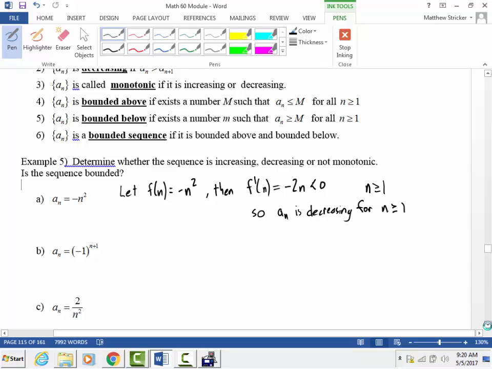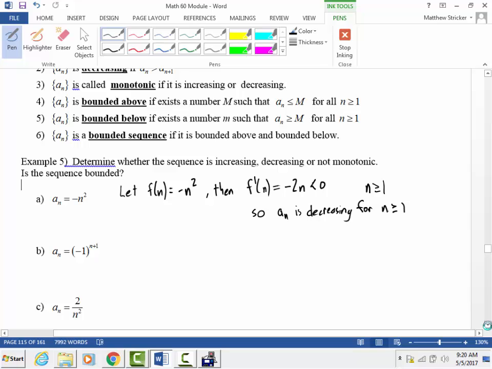What about this one? Negative 1 to the n plus 1. We already talked about that one. Is it increasing or decreasing? That was the one that was hopping back and forth. We already verbally talked about it, right? This is negative 1 to 1, negative 1 to 1. It's not increasing or decreasing because it's hopping back and forth.